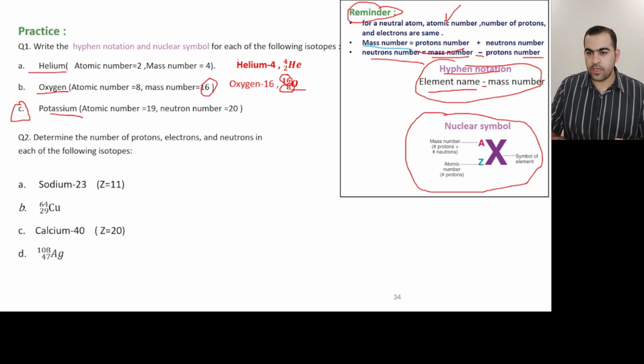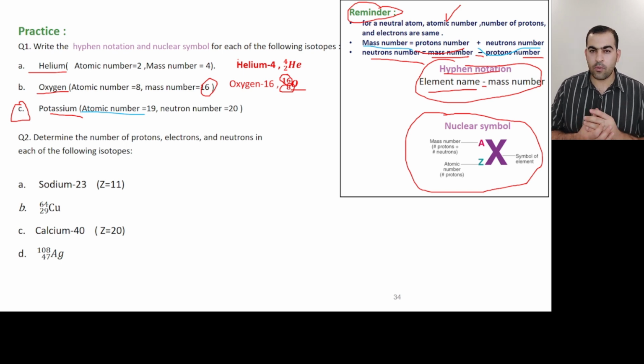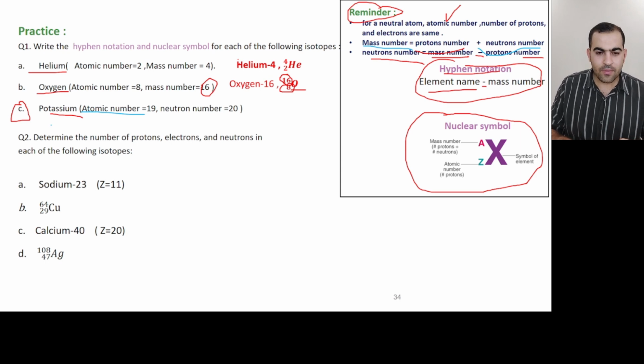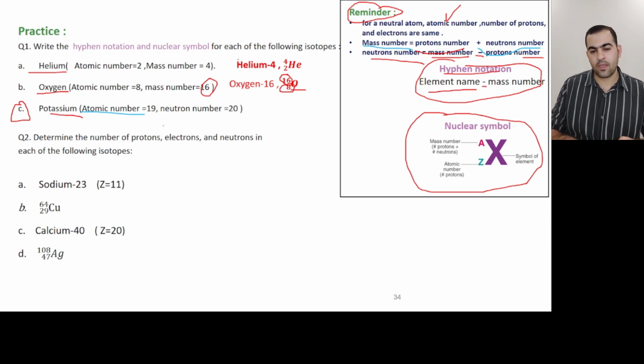Mass number equals the number of protons plus the number of neutrons. The neutrons number is given, but the protons number is not given. Atomic number is 19, and we know atomic number equals the protons number too. So 19 plus 20 equals 39. 39 is the mass number of the potassium.